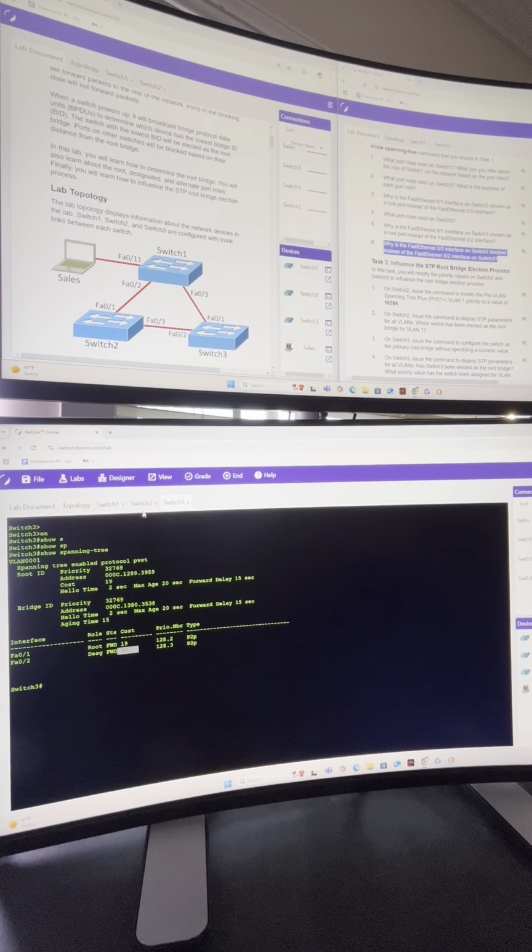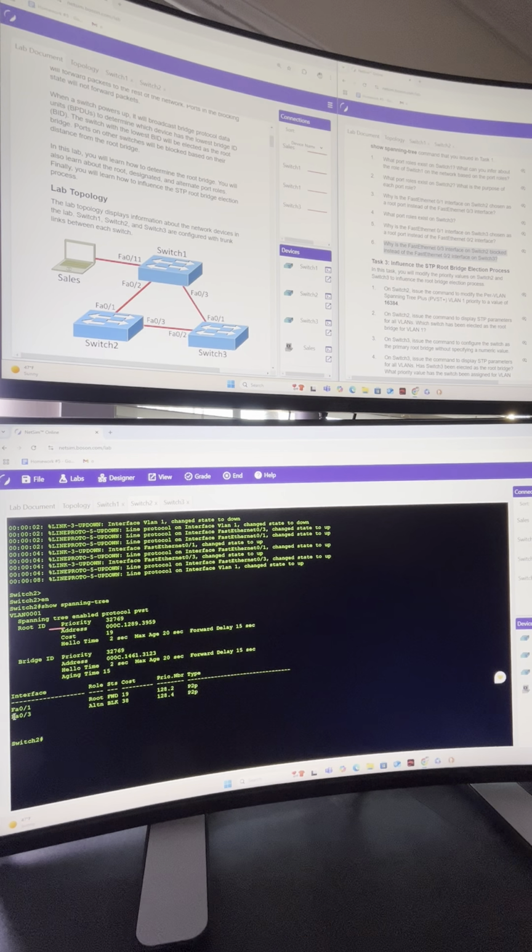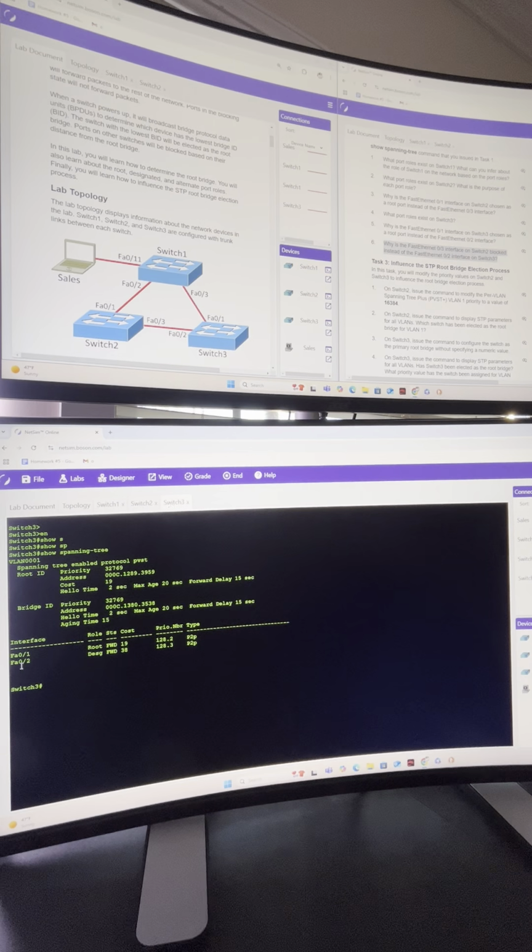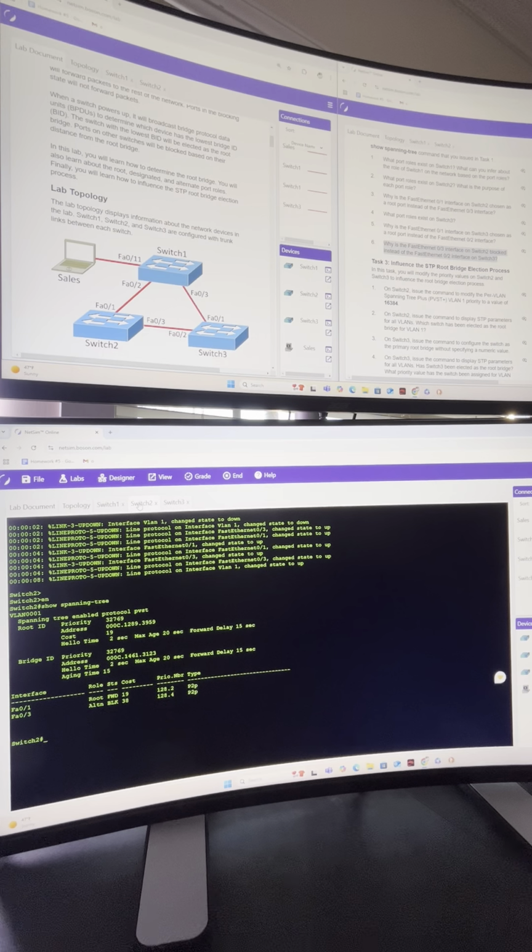So if we take a look, both of these paths, which is Fast Ethernet 0/3 on switch 2 and Fast Ethernet 0/2 on switch 3, both have a cost of 38. So then we have to take a look at the ports.